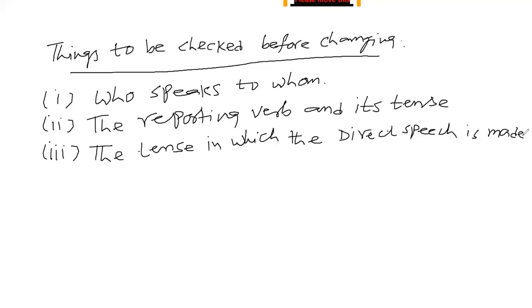This is what you need to observe, right? So the most important thing is that at the time of conversion of direct into indirect speech, some words change their form.